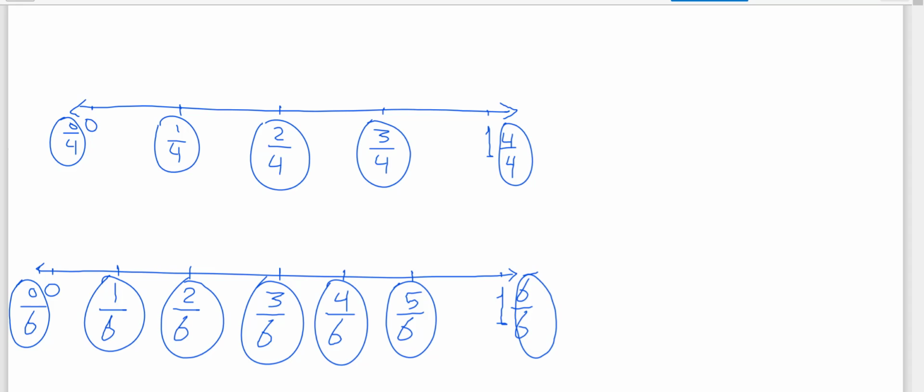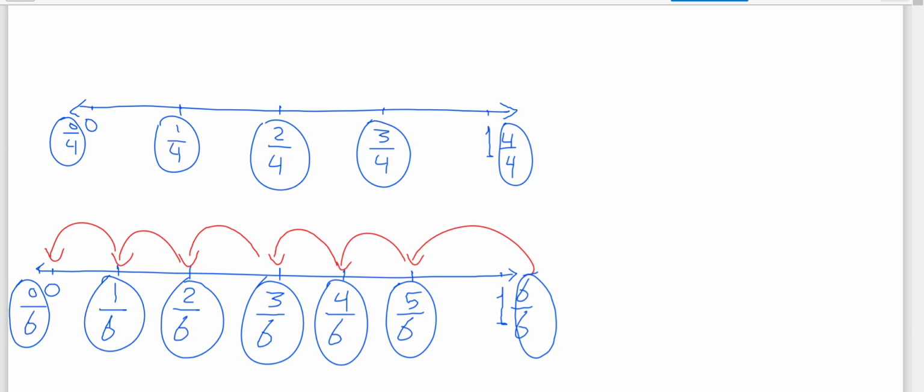When we count by fractions back down to 0, we start from 1. 6 sixths, 5 sixths, 4 sixths, 3 sixths, 2 sixths, 1 sixth, 0 sixths.